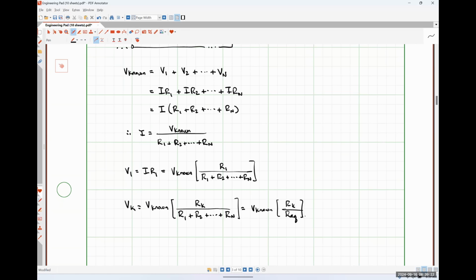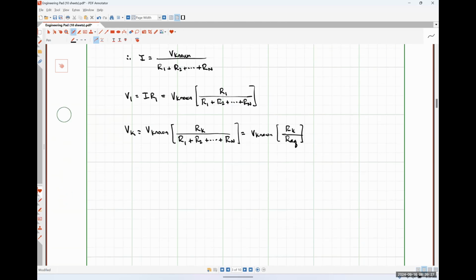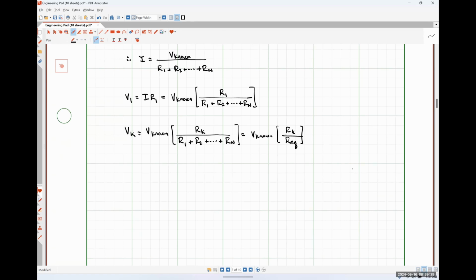So let's work a couple of quick examples here to kind of see how this can be applied. We're going to start with relatively easy cases. So let's say that I have a 10-volt source connected to a 5-ohm resistor, a 3-ohm resistor, and a 2-ohm resistor like so.